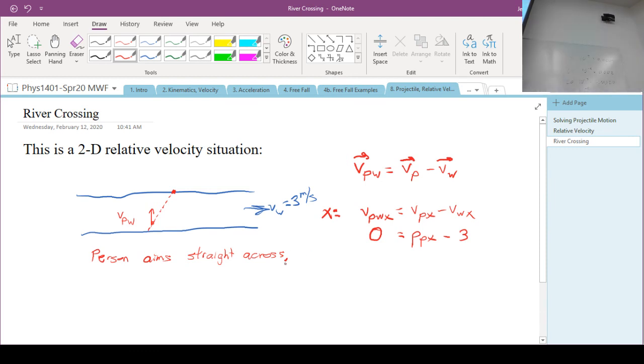Because the person is heading in the y direction, they have no x component relative to the water. But because the water is carrying them downstream, they end up having an actual velocity x component that is, that's supposed to be v. I don't know why I wrote velocity as a letter p. So we end up with v person x is equal to 3.